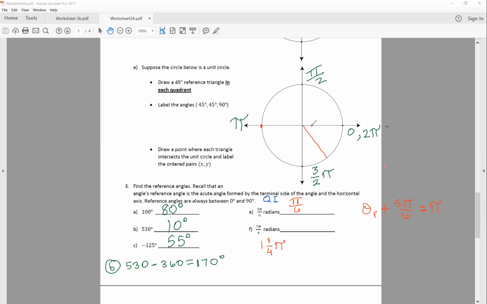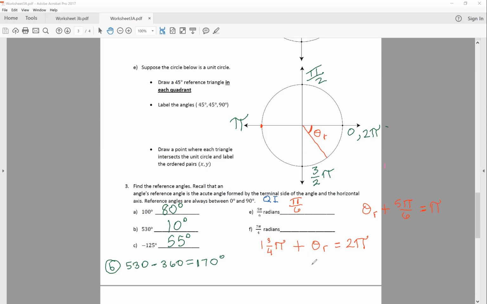This is my reference angle. And this is a little different because I want to say that this plus my reference angle is equal to 2 pi, not 0. So if I add those two together, I get to 2 pi.